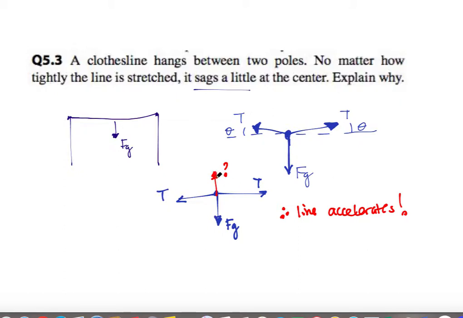So there must be some way to cancel out the force of gravity for this line to not move. That comes from the fact that there must be some amount of sagging, meaning that there's some angle that these tensions make with the horizontal so that there is a way to cancel out the force of gravity by taking their components that act in the vertical direction.